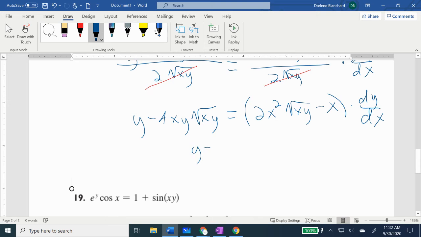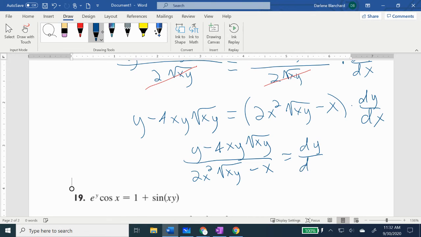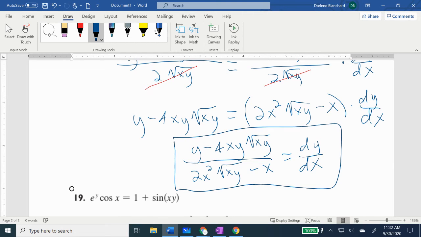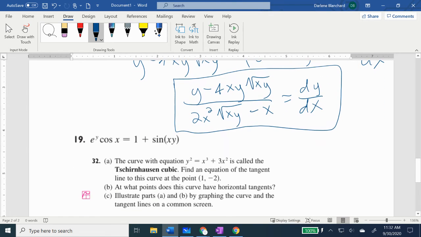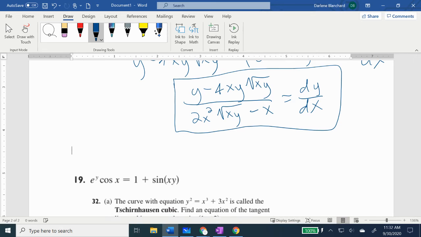So I have y minus 4xy times the square root of xy divided by 2x squared times the square root of xy minus x is equal to dy dx. I'll have to check later to see if that is what the textbook simplified to, but that is good there. All right, on to 19.